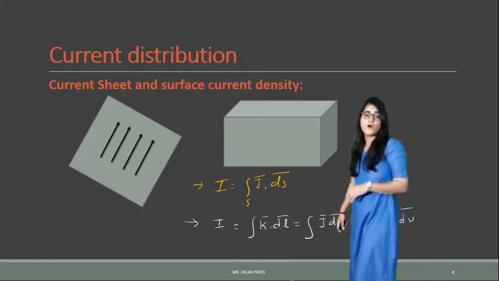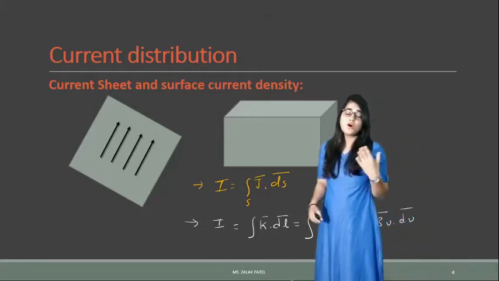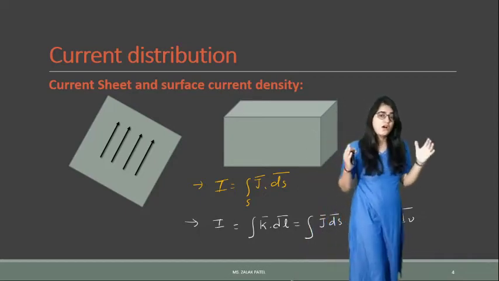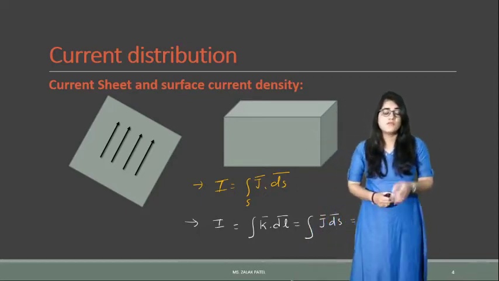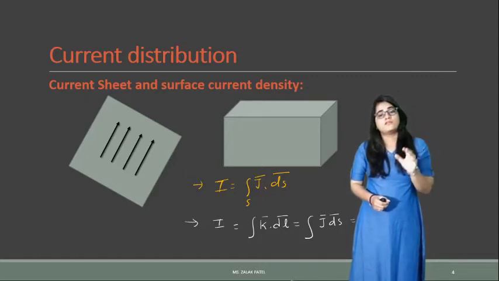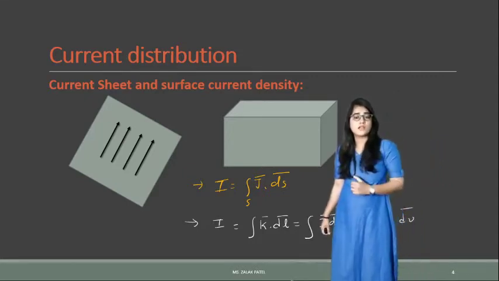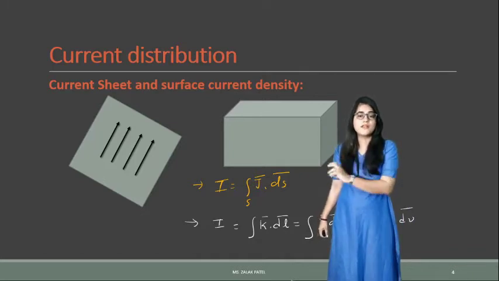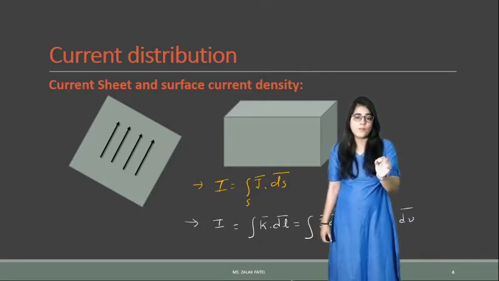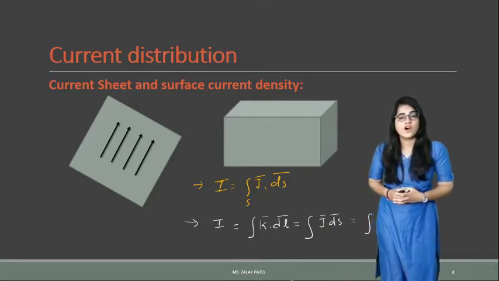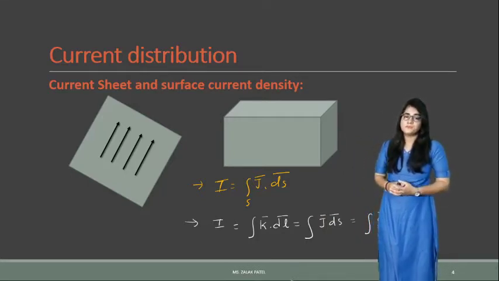There are three types of distribution: line, sheet, or volume distribution. The first one is due to line charge. You can write the equation as the integration of rho L dl, where rho L is the line density, and in the case of charge its unit is coulomb per meter.